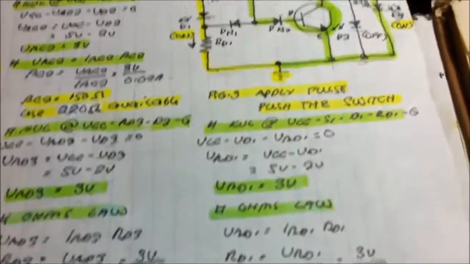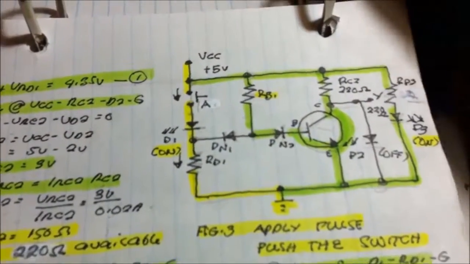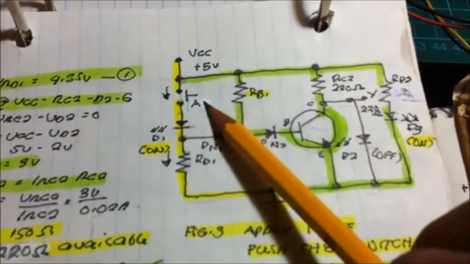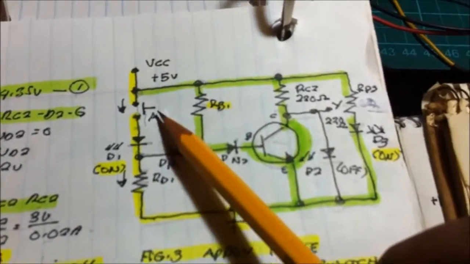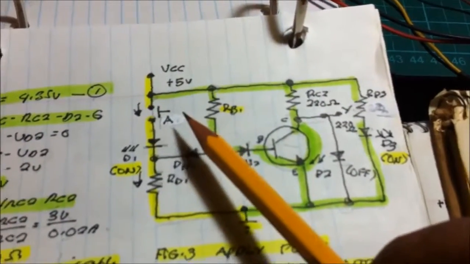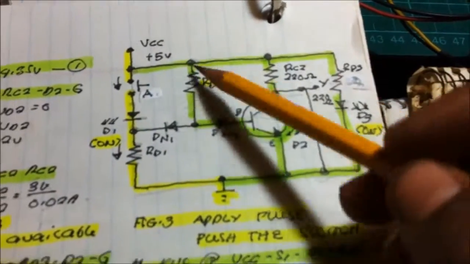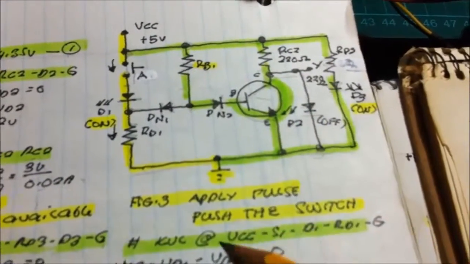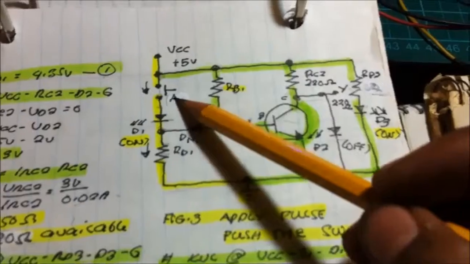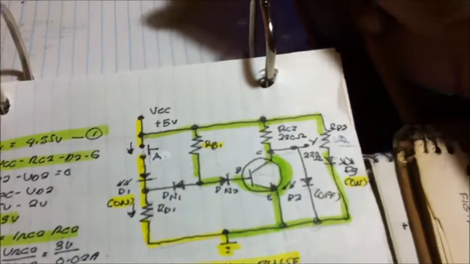Now let us see what happened if we press the button. What is now the state of the circuit? Applying a pulse or pushing the switch, just like this one.